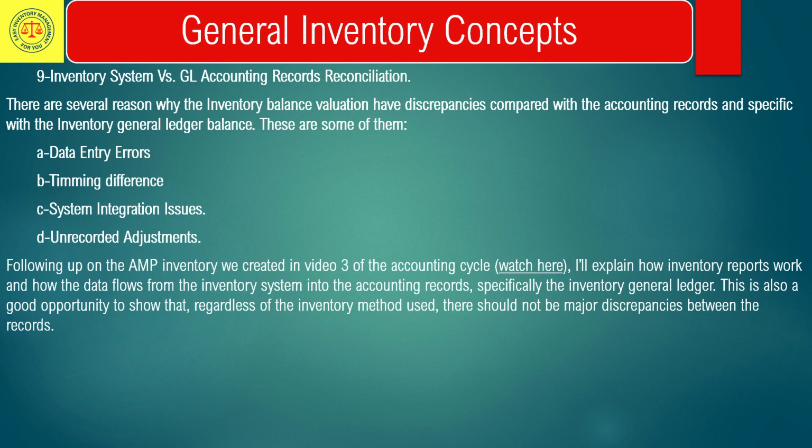Okay, I want to just mention in terms of reconciliation that each time you find a discrepancy, where the total inventory from the inventory system report doesn't match the total inventory in your accounting system, especially the general ledger, you have to do the reconciliations.